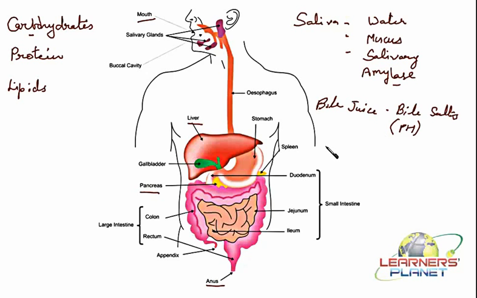Further, besides this, the pancreas is also transporting its own secretion, and that secretion is pancreatic juice. Mind it, pancreatic juice has different types of enzymes, but as we are studying carbohydrates, right now we are going to concentrate on the enzyme that is pancreatic amylase.